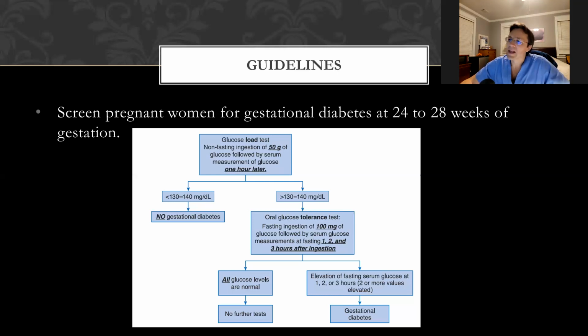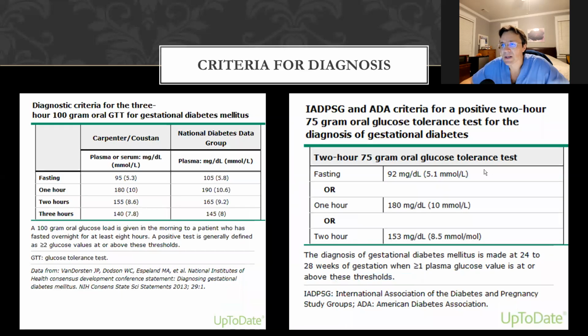But the idea is similar, right? So the idea is this. There's a criteria. For the 3-hour glucose tolerance test, you check the fasting blood glucose, the patient fasting since midnight. Check the sugars. You want it to be 95 and below, right?